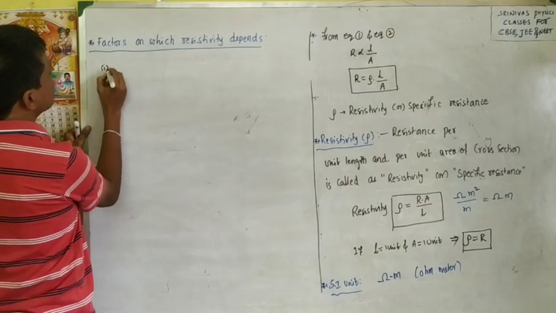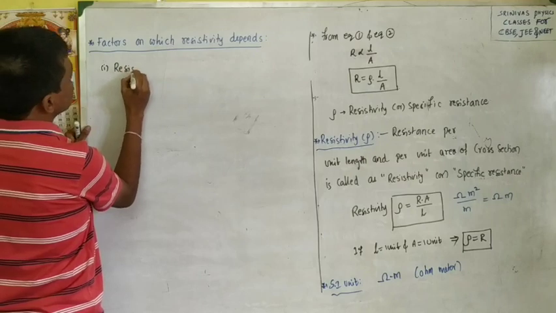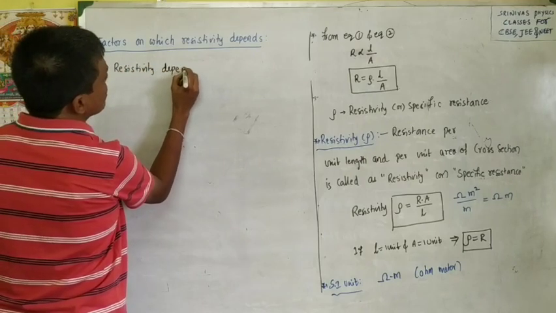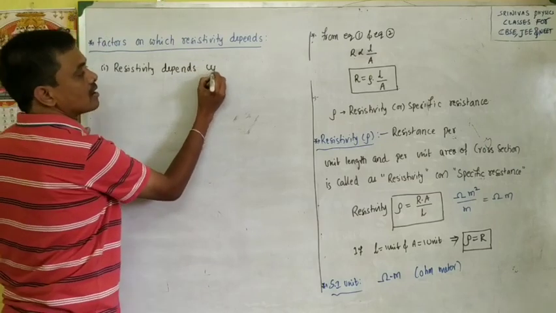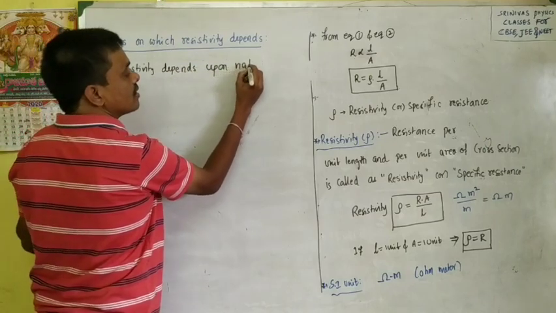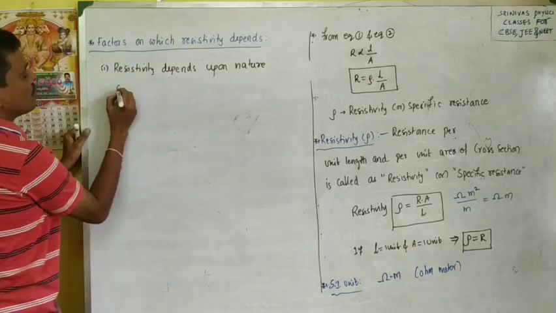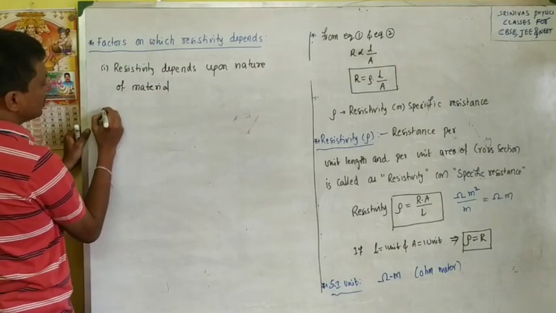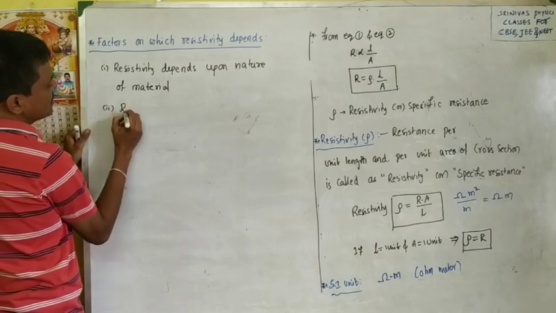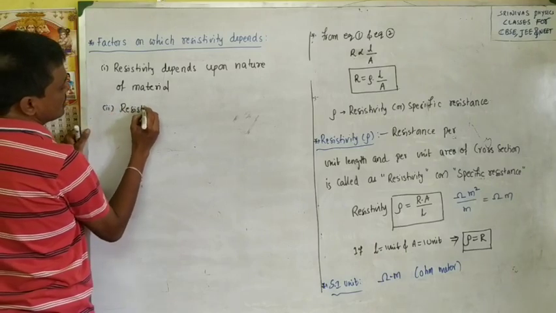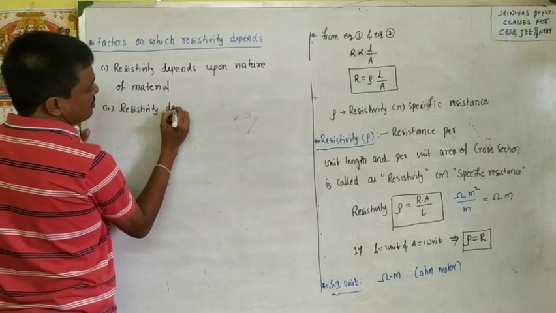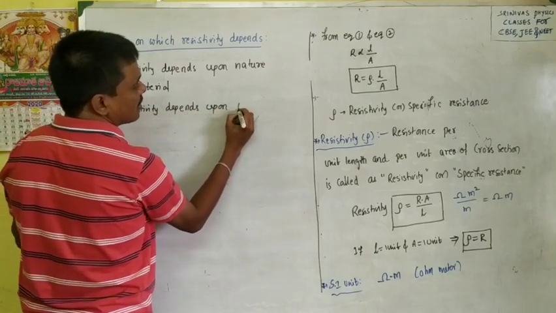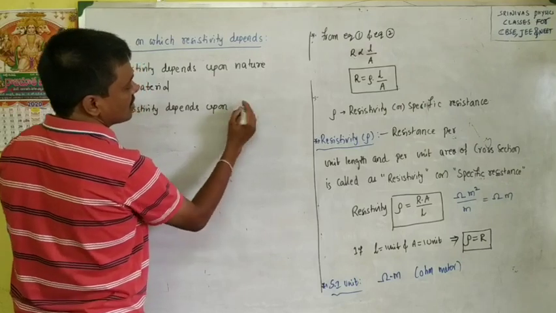Now the factors on which resistivity depends. The first point is resistivity depends upon nature of material. And the next, resistivity or the specific resistance depends upon temperature.